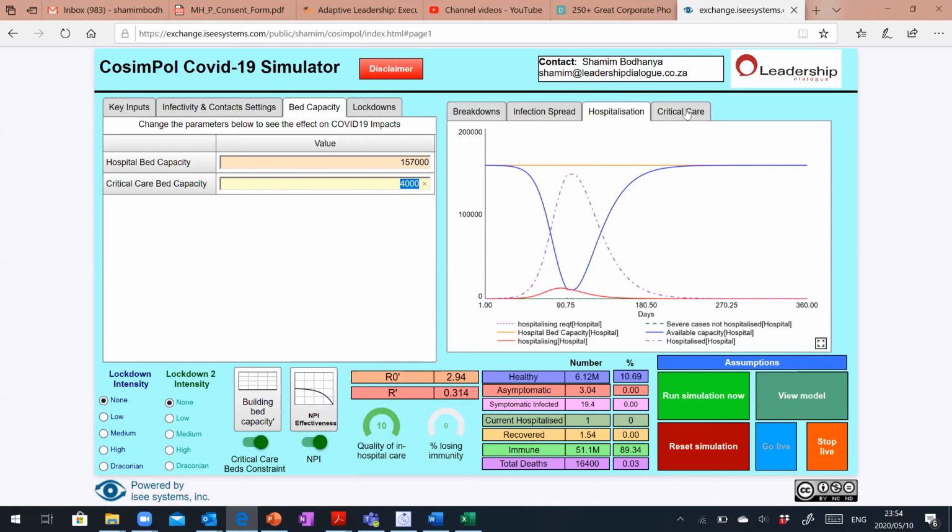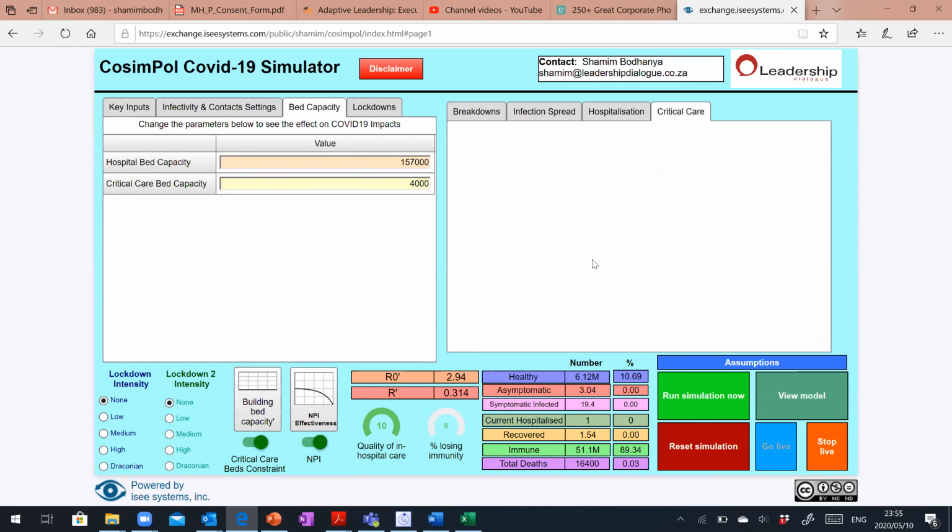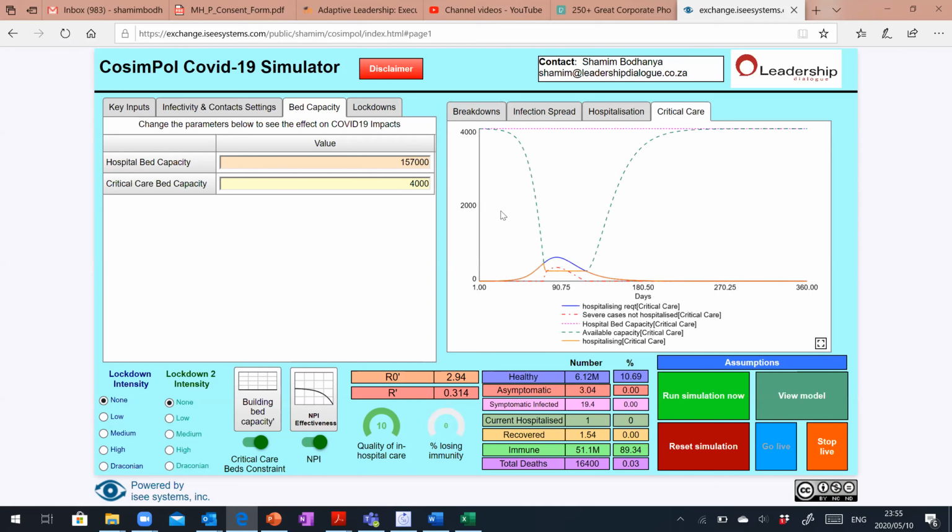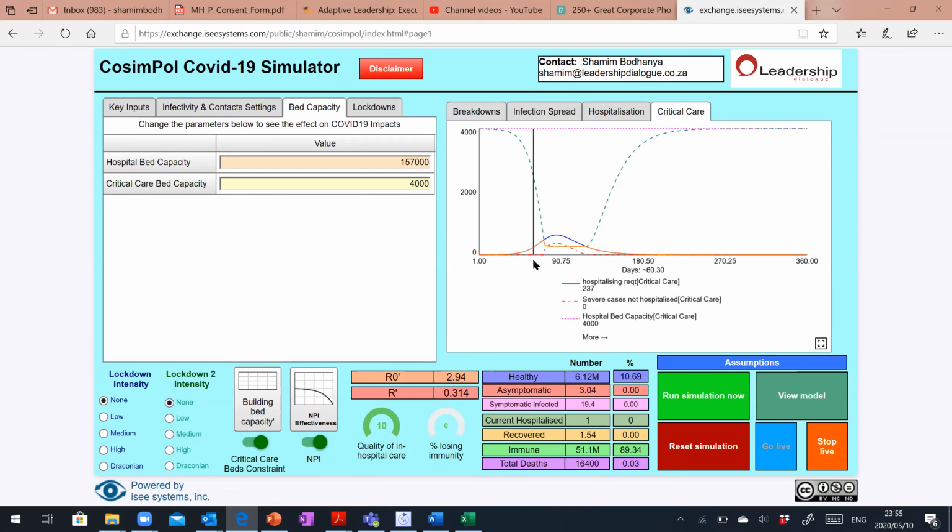If we go to the critical care, you'll notice that there's a similar parallel case to normal hospital beds. And here we are looking at severe cases is the red curve. And remember that 344 that you're seeing there, as I move my cursor, 352, that's on that particular day, on day 88, there were 352 patients that required critical care, and there was just not enough bed capacity.